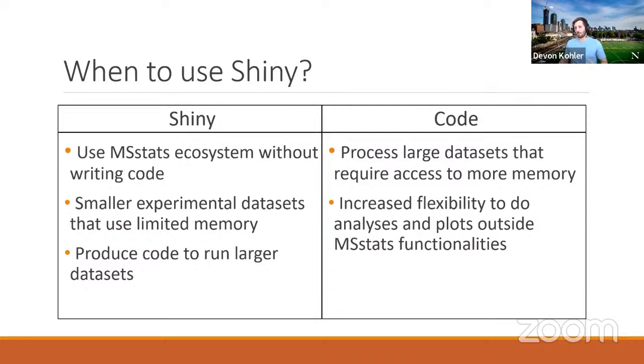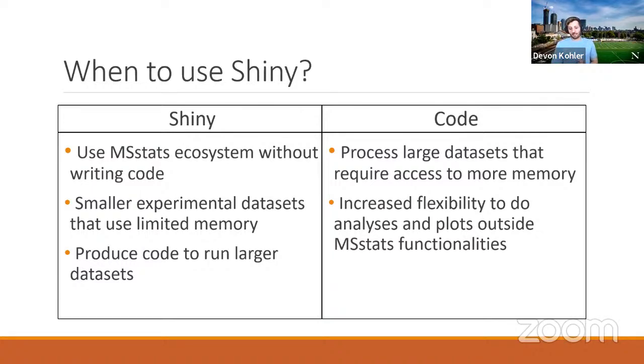Everything that you choose gets put into this code file, and then you can download it. All you need to do is replace the CSVs in the code with your larger data sets, and then you can run the exact same thing that you ran in Shiny, just using the code. You don't have to write the code yourself. You just run it in RStudio in the console, and it will be able to run the larger data set.